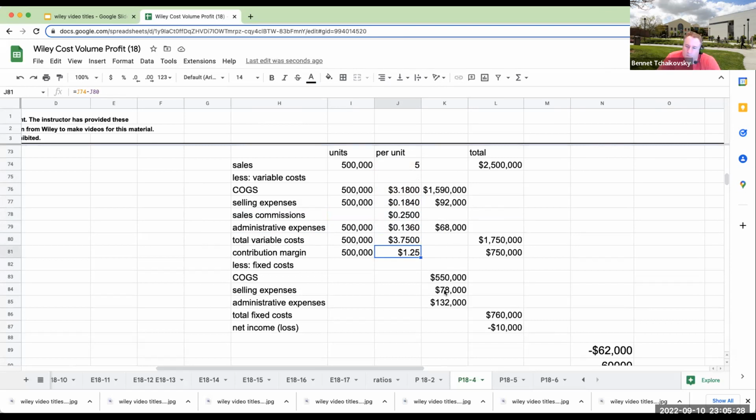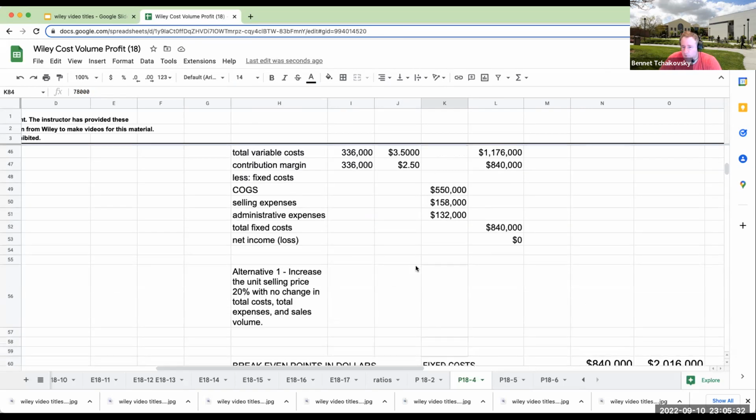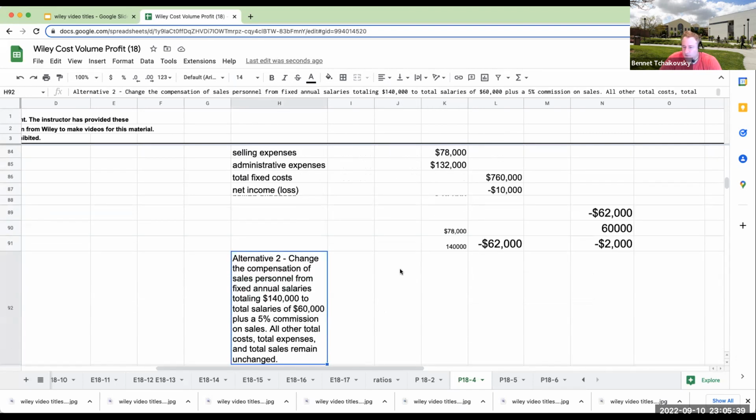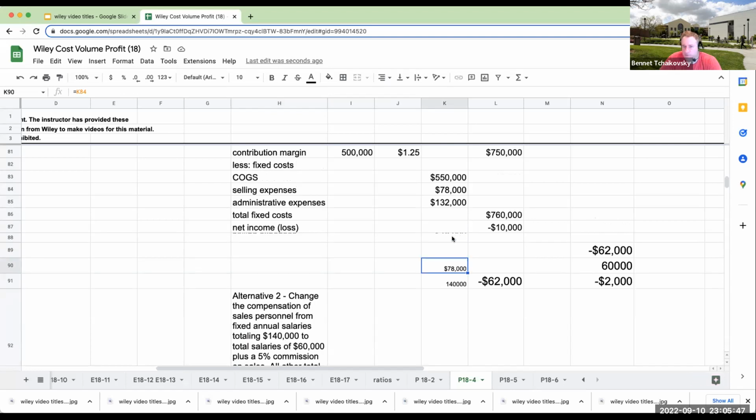So again, what I'm doing here is that my selling expenses before were $158,000. What it's telling me is that $140,000 of this is related to sales salaries, and I'm swapping it for 60. So that means over here, basically my difference is, what was it before?